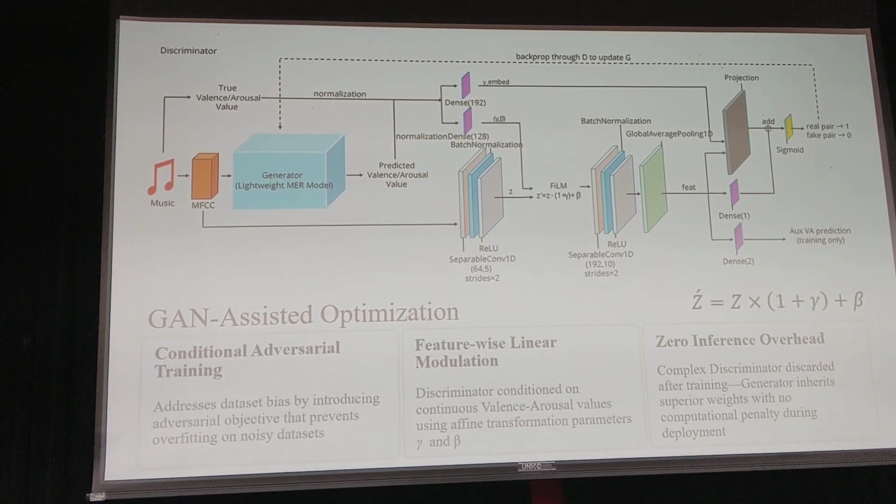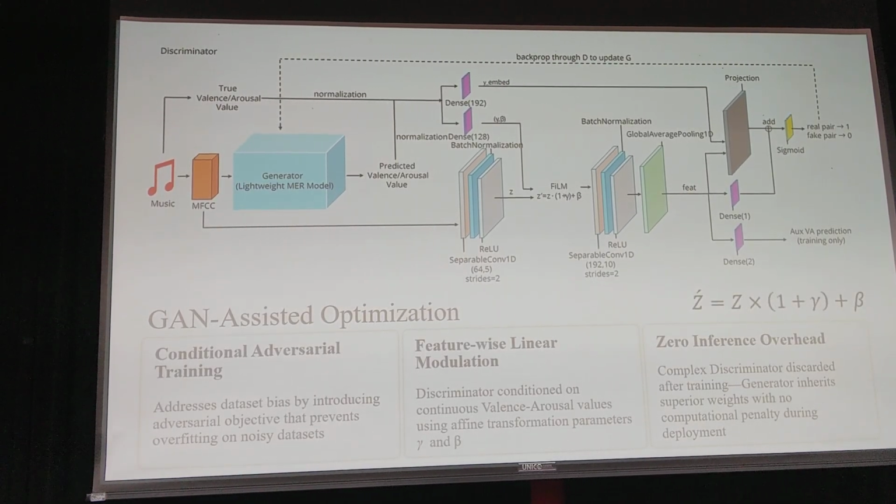distribution. To condition the discriminator on continuous variables, we employ feature-wise linear modulation, or FiLM, as governed by the equation.